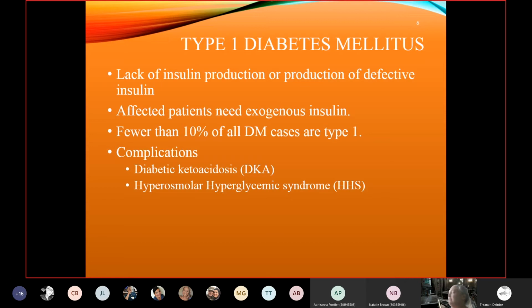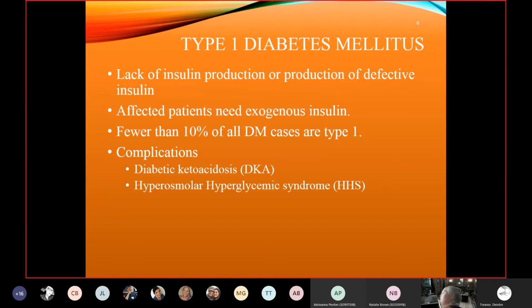So then patients need exogenous or external insulin. It's replacing insulin that either they're not making or that's not made correctly. Endogenous insulin is the insulin that your body makes.